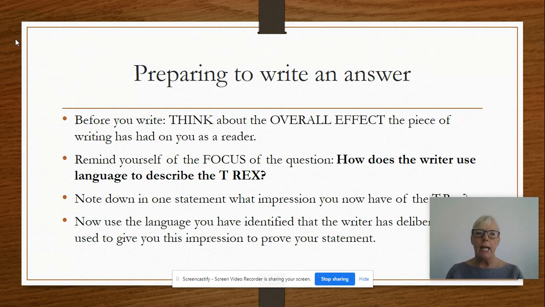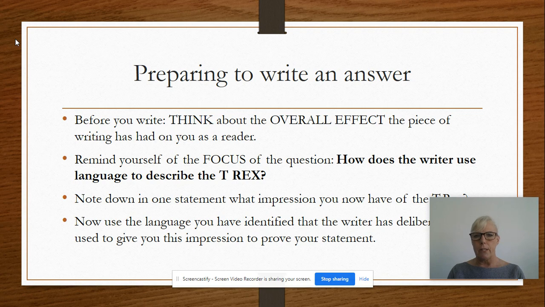If you want to get into a grade 4 and above mark, you've got to think about the overall effect. Do not just take a piece of language and talk about it, it's the thing as a whole. So we're going to read the whole thing and then write down that sentence before you start trying to prove it with the language that's being used. And that's really going to get you into a solid grade 4.